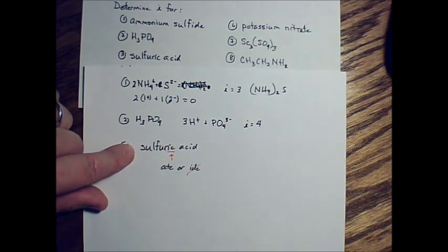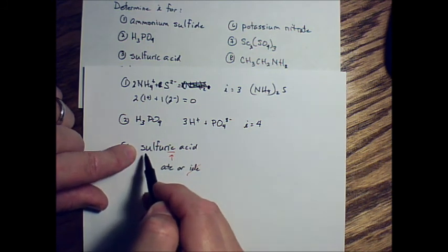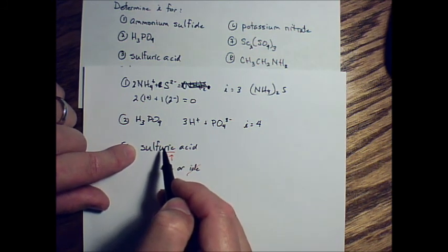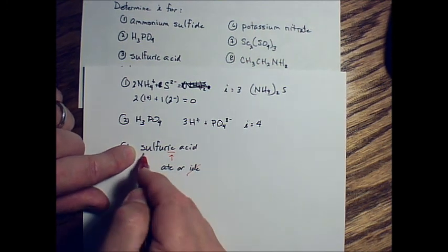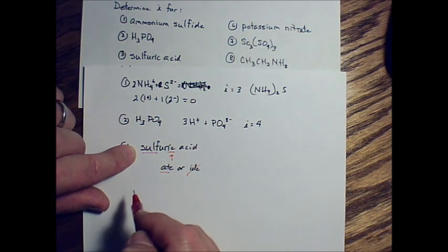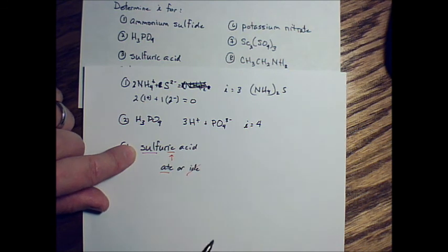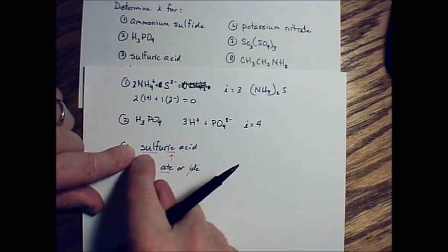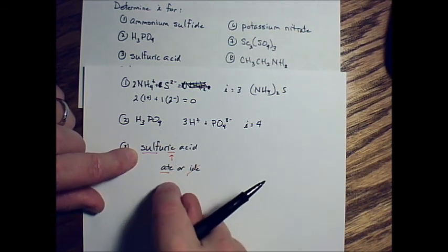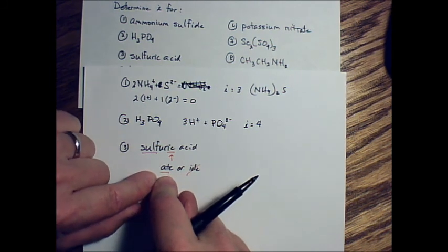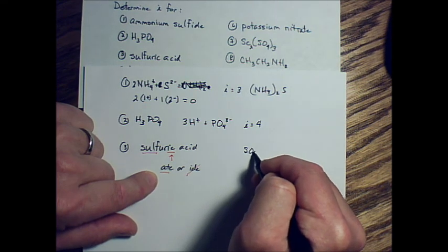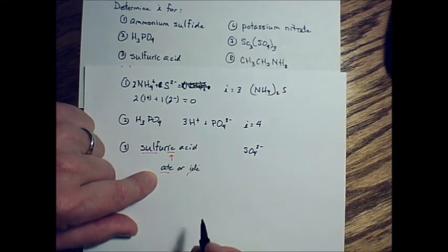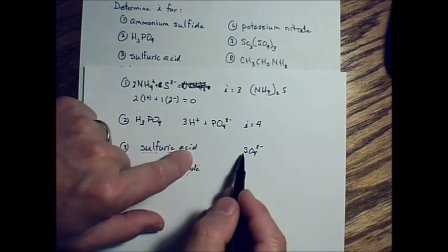So we need to look for a polyatomic ion on the common ions list that starts with SULF and ends with ATE. Sulfate. What's its formula? SO4 2 negative. If it's an acid, what am I going to put on the front?